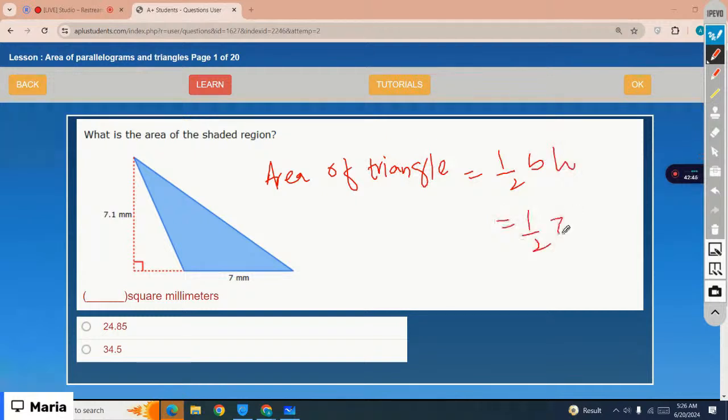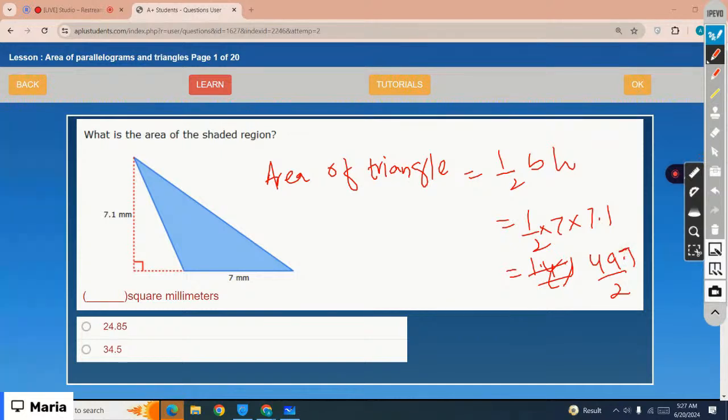The base is 7, the height is 7. Sorry, 7 times 7 is 49. So here you have 49 divided by 2, right?